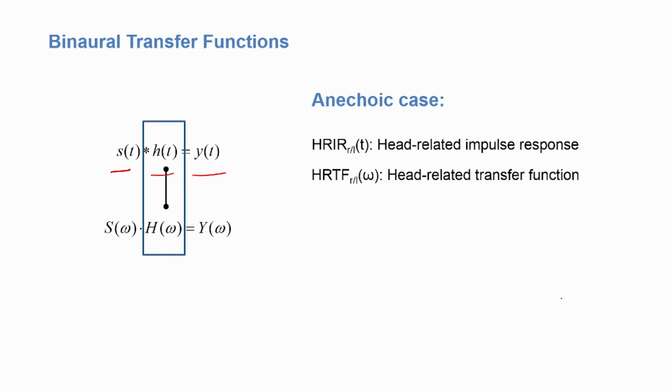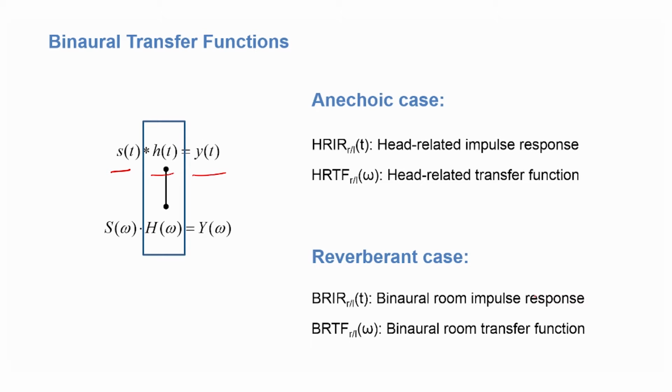It's always one for the right ear and one for the left ear. If they are measured in a reverberant environment, they describe the properties of the ear and the surrounding space, and we call them binaural room impulse response or binaural room transfer function.